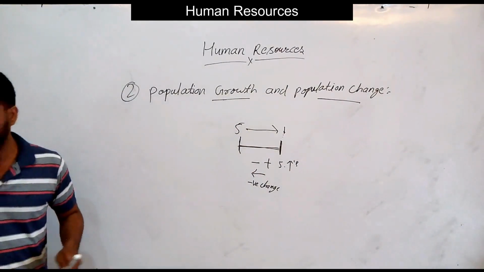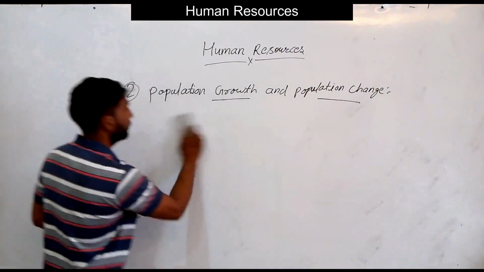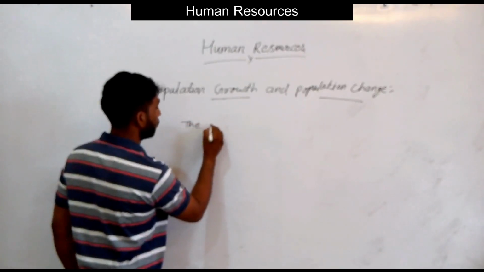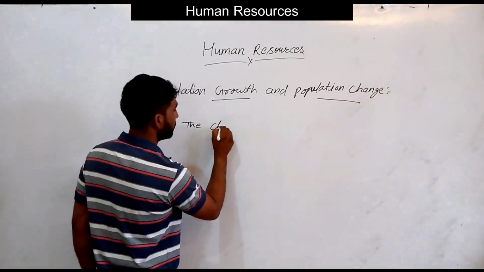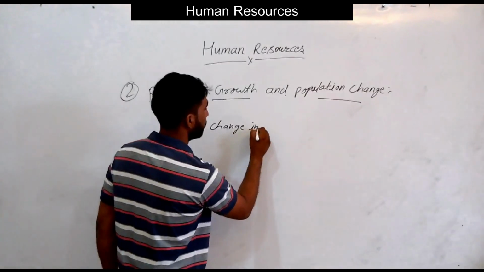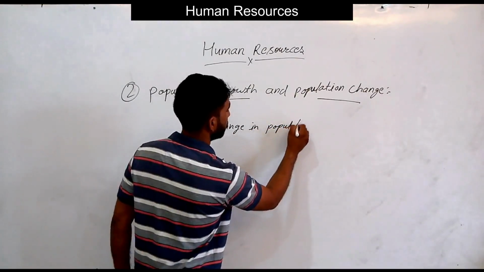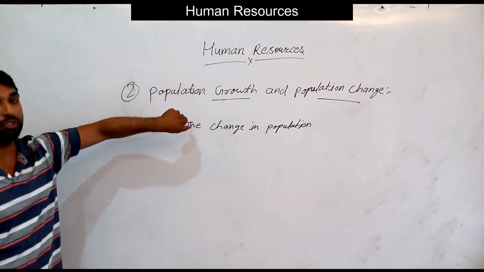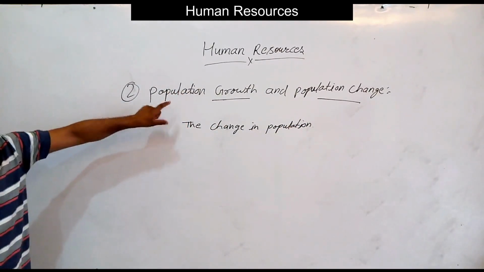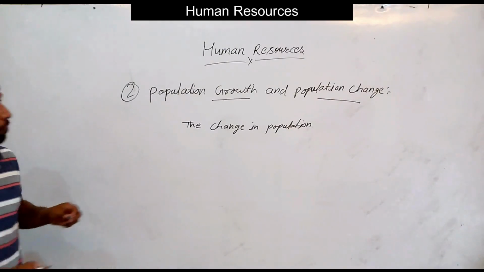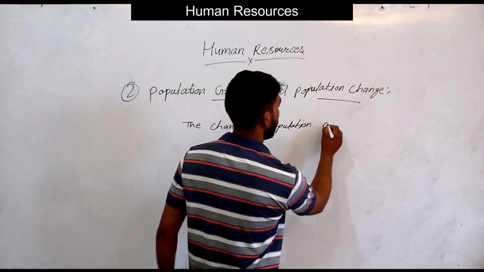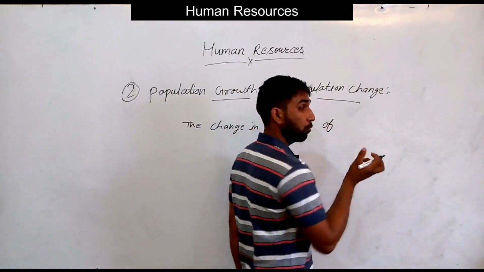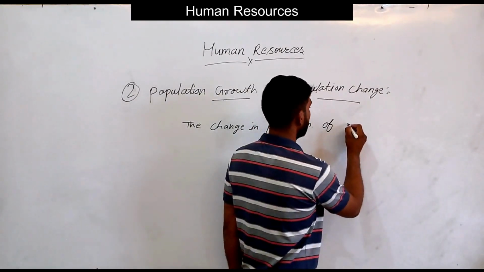Here is the definition: the change in population. The growth and population change will be heavily interlinked with each other for a place. For a particular place we have some number of people, which we call the population.